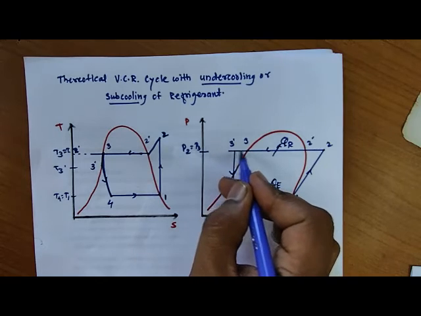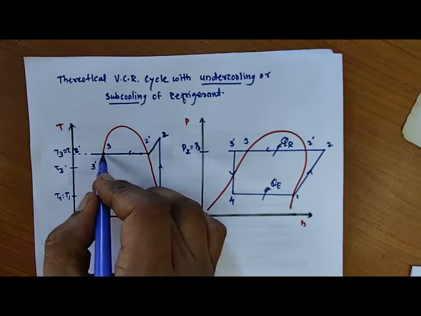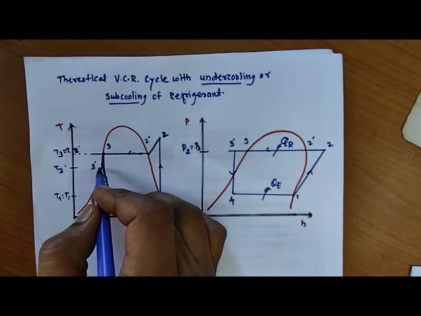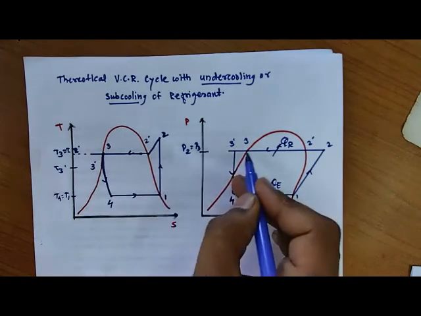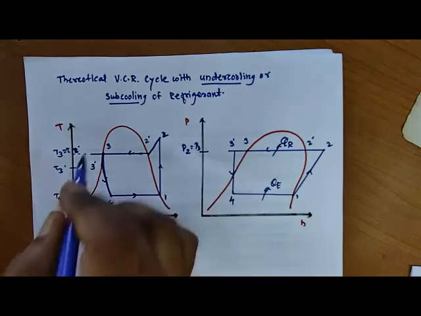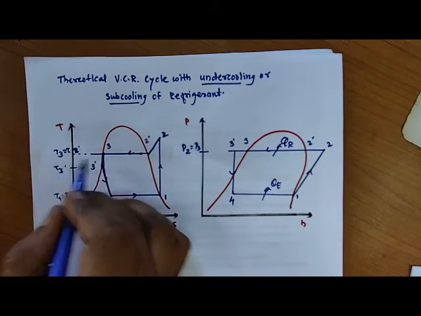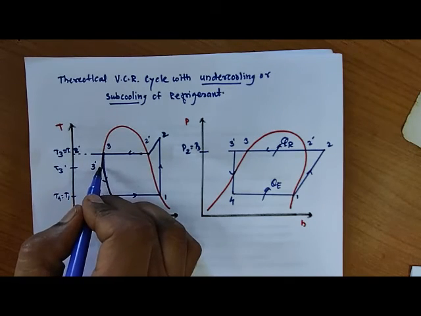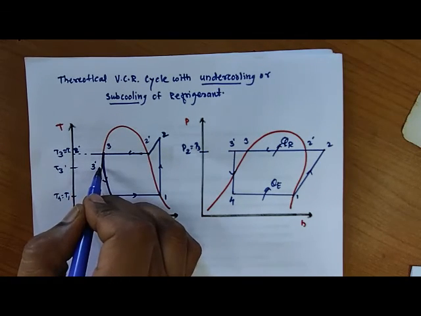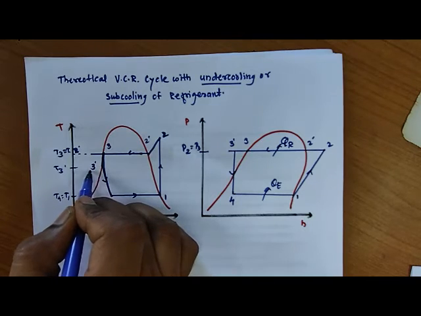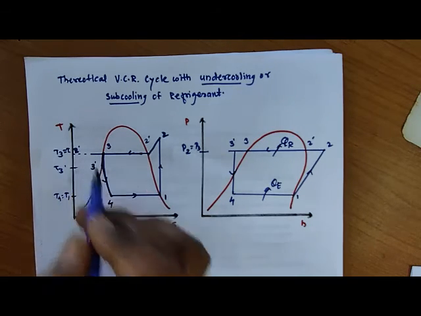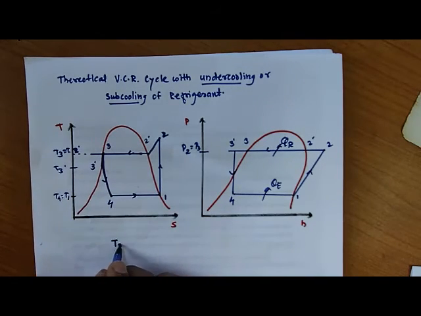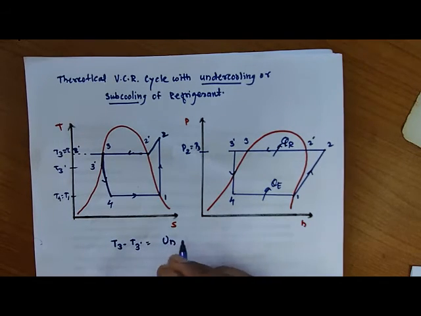So the temperature of this liquid refrigerant is again reduced at constant pressure. This is the constant pressure line. If you see here, the temperature is reduced from 3 to 3 dash. So the 3 dash point is called undercooling. The temperature drop from 3 to 3 dash is called the degree of undercooling or subcooling.